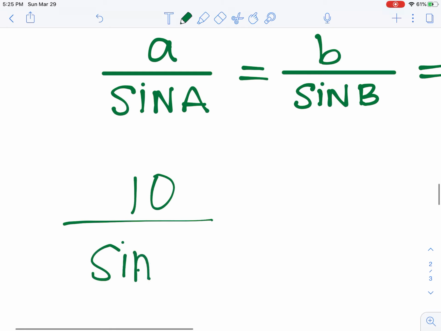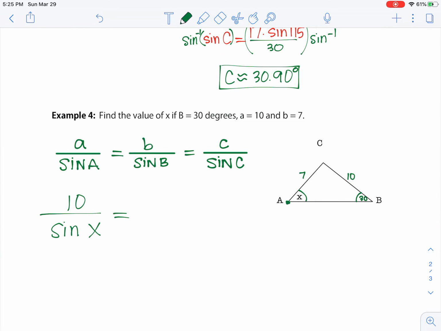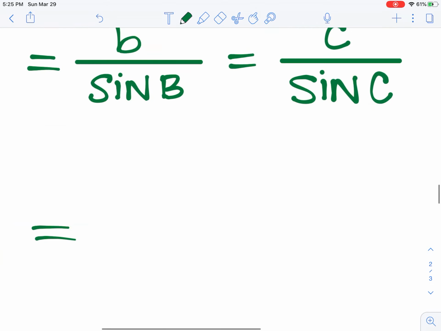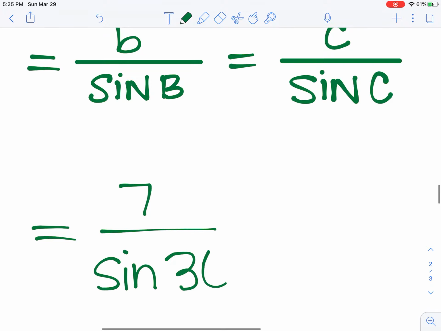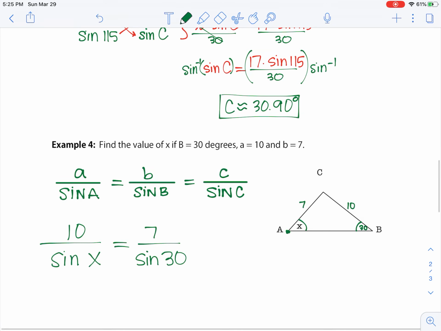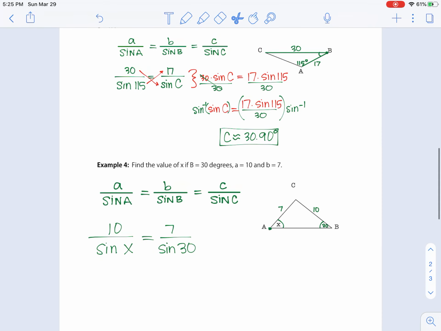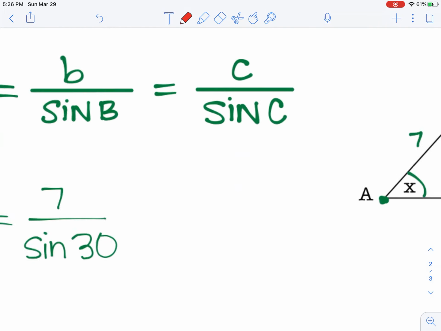And we're trying to find big A, which they have put an X in for. So if you want to swap it to X, you can. If you prefer to leave it as big A, it's okay. Then we know little b and big B. So our setup should look something like this in preparation for cross multiplying.